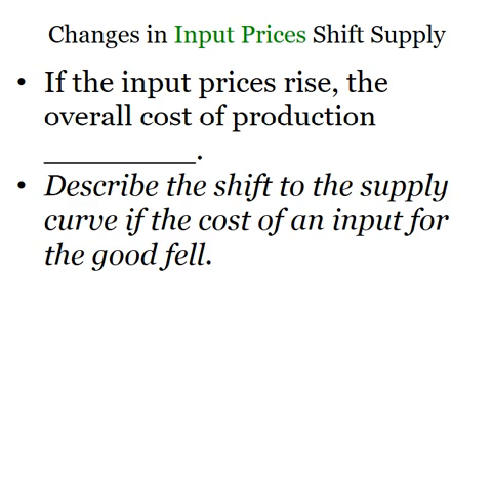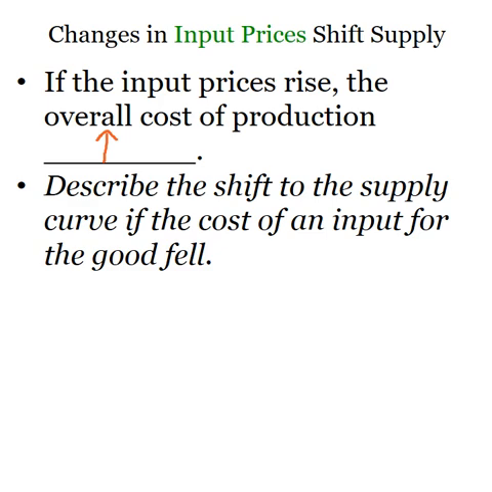Okay, so if the input prices go up, so one of the inputs or a lot of the inputs, if the inputs go up in price, what's going to happen to the overall cost of production for that good? It's going to increase. And if costs of production are high, that's cutting into profit.